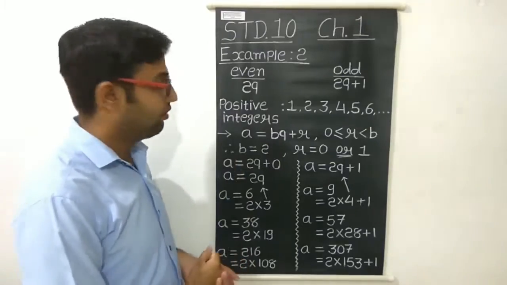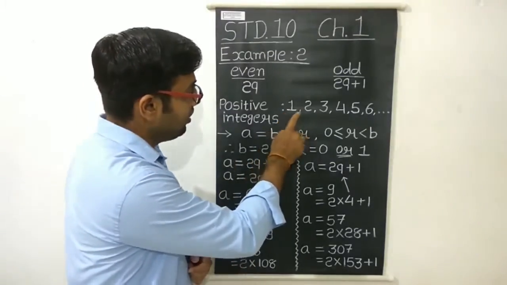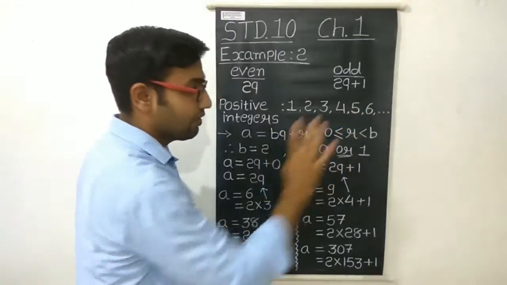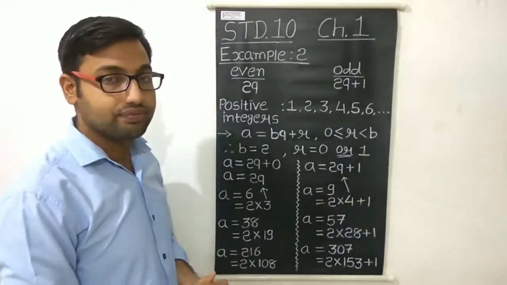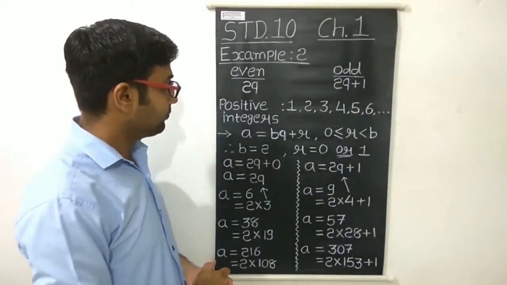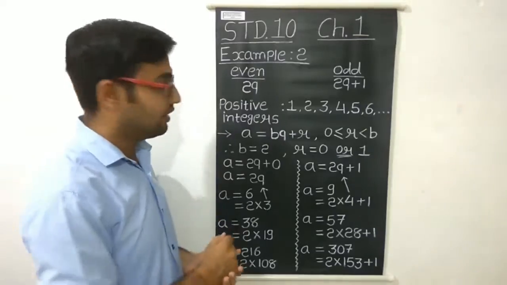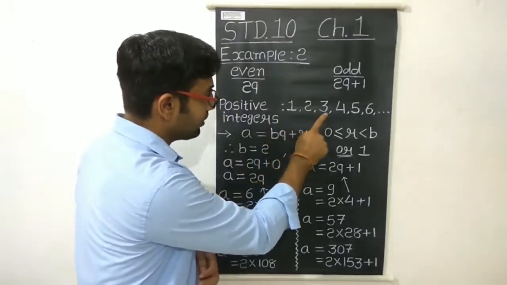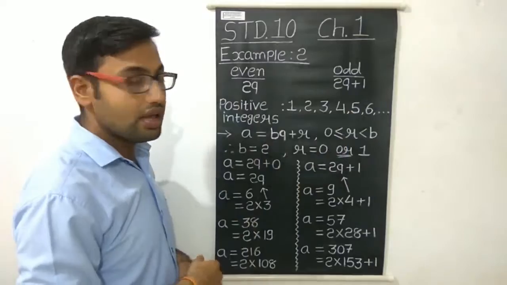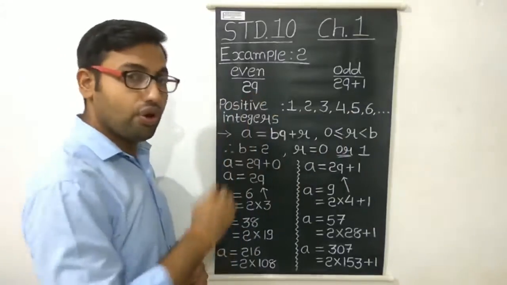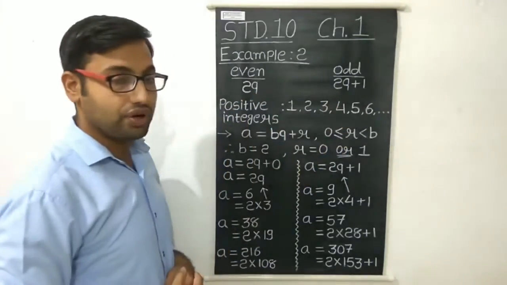If we note them down, we get the numbers 1, 2, 3, 4, 5, 6, 7, 8, 9 up to infinity. So we have to show that each of these numbers is either in the form of 2q or in the form of 2q plus 1.